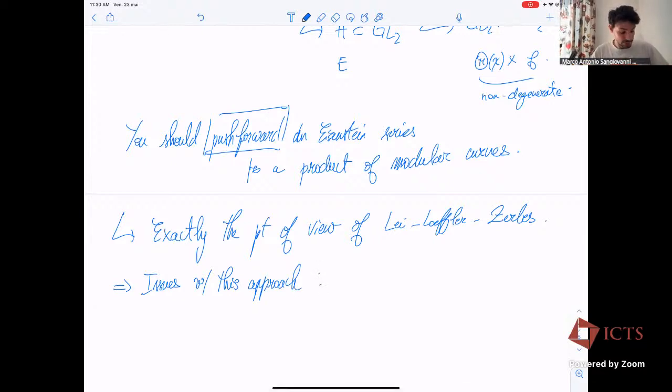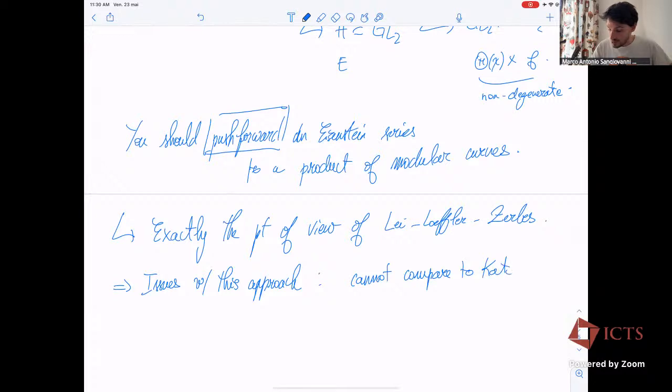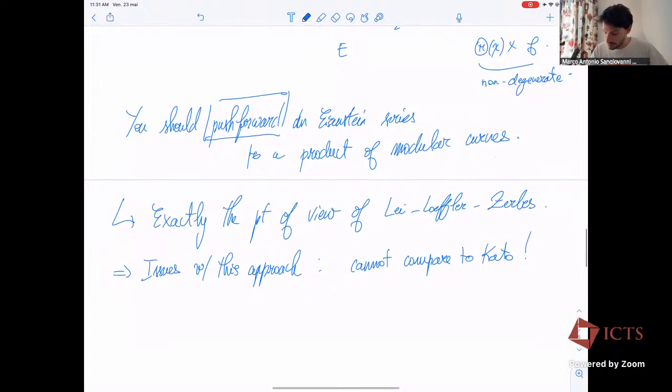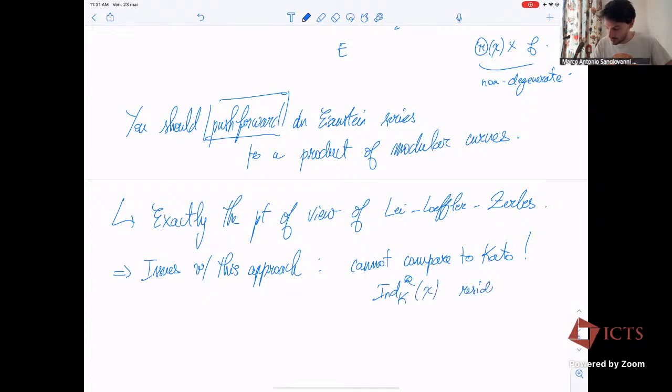So you cannot compare to Kato, because in the construction they need the theta series, at least the Galois representation attached to the theta series, so the induction from K to Q of chi, to be residually irreducible.